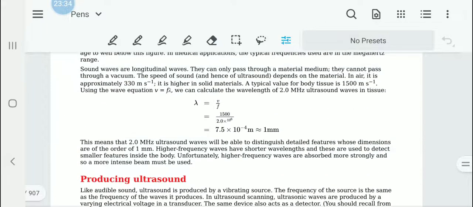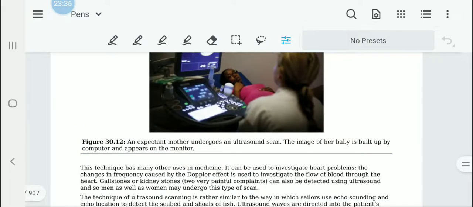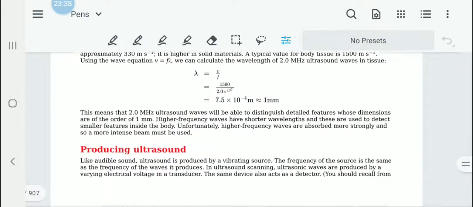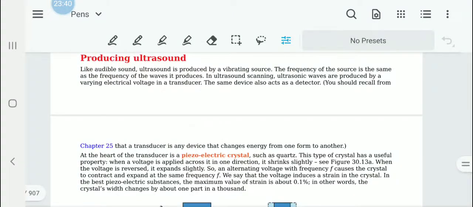Write down a note. Ultrasound is produced by a vibrating source. The vibrating frequency of the source is similar to the frequency of the ultrasound it produces.